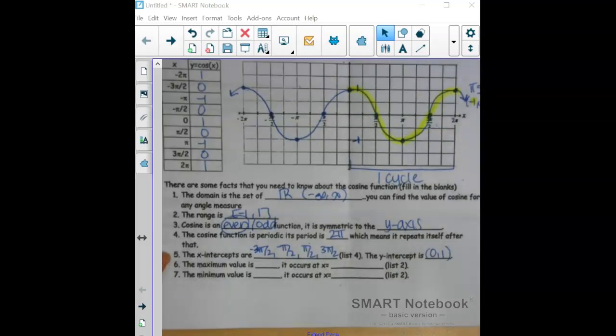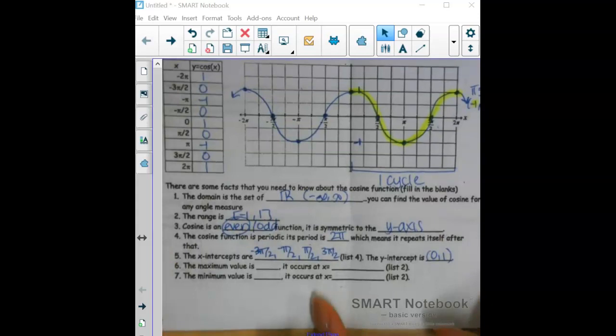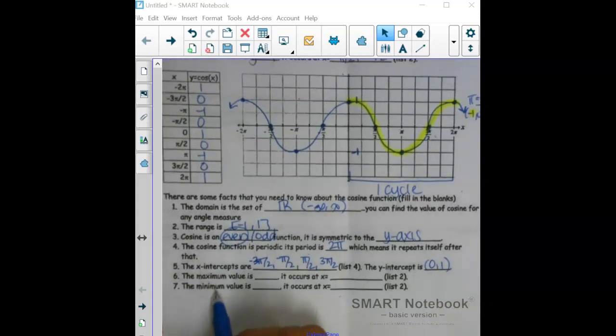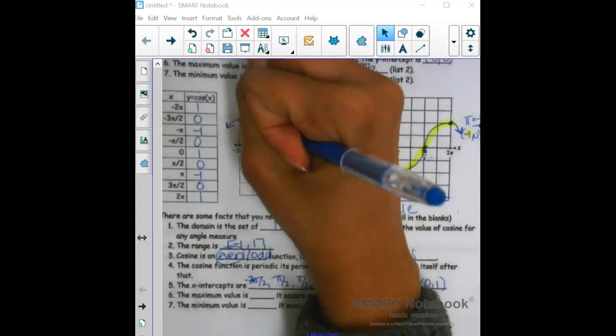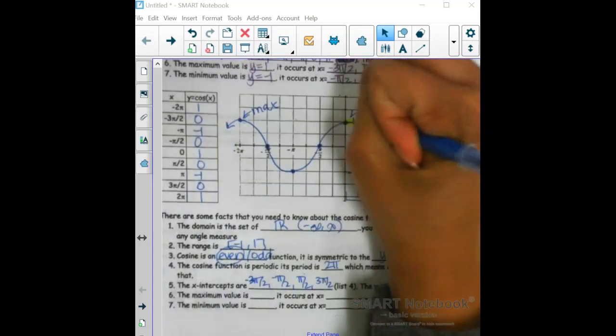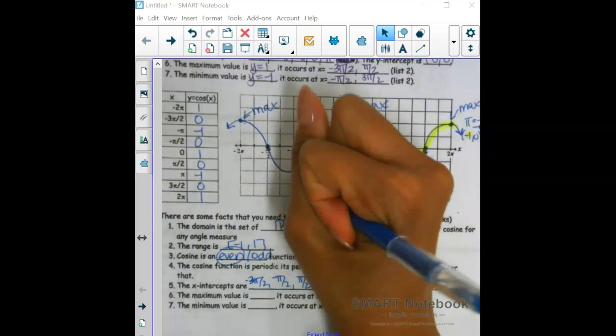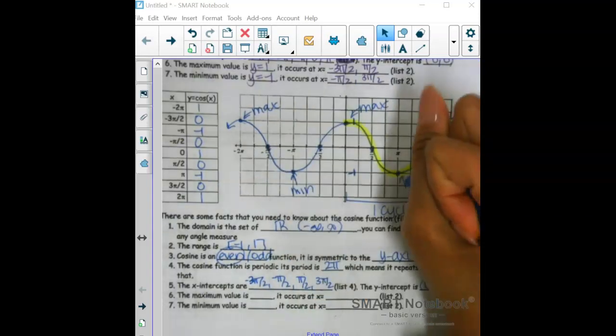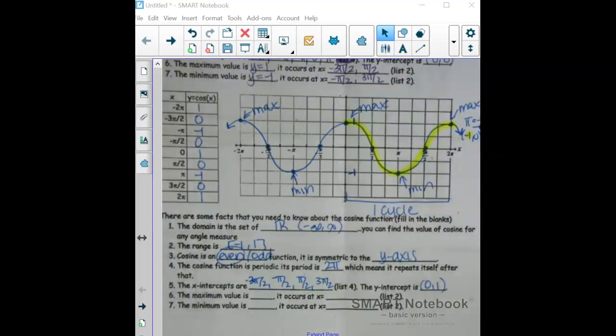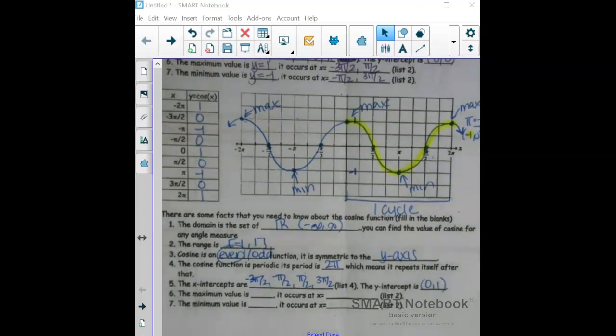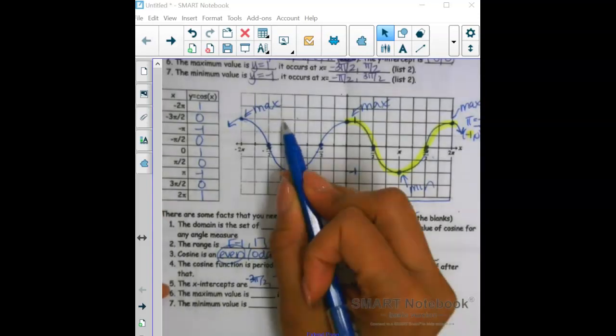That's at 0, 1. Just like Euridia helped me with on the last one, we do have maximums and minimums. The maximums are at the top, and the minimums are at the bottom. So again, especially since Melissa helped us with that range, she said it's between negative 1 and positive 1, that's going to help us with our maximum and minimum values.